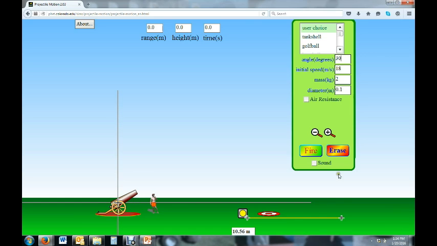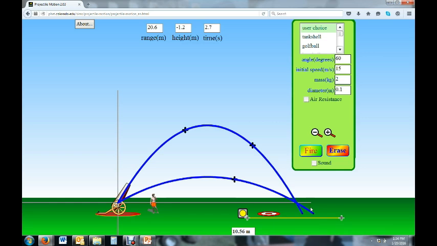So if I choose a 30-degree angle and fire it, I'm actually going to erase that, slow it down a little bit, just so that we stay on our line. Oh, maybe that was a little too far. One more time. Ah, perfect. Symmetric about 45. I want to go to 60. And again, they cross at our initial height.